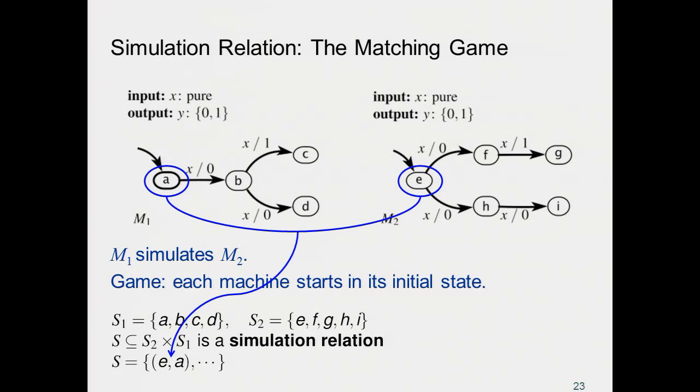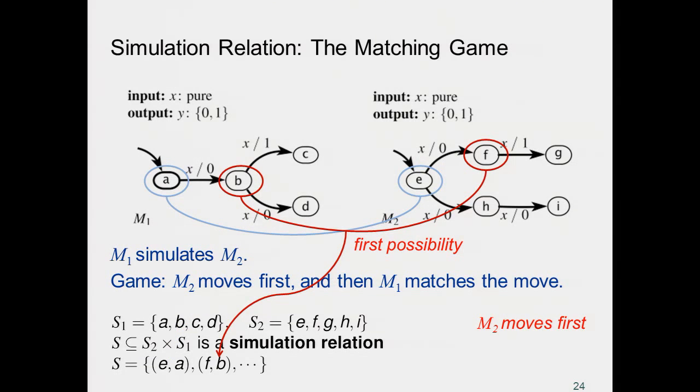Now then, I can decide where I want to go as a next step, right? Suppose that M2 moves first, as a game. So M2 moves first, and it goes to F. Now, M1 cannot go back to B. So the next, quote-unquote, pair in the simulation relation is going to be FB. It is where I end up in the two machines.